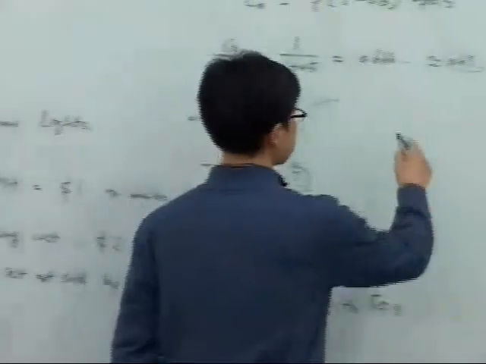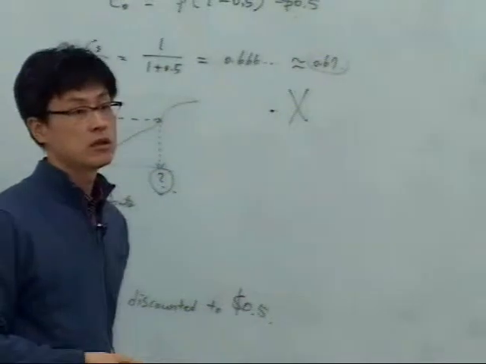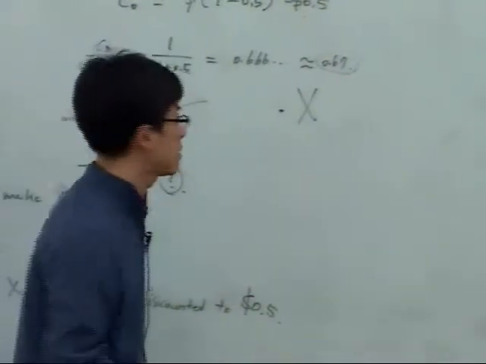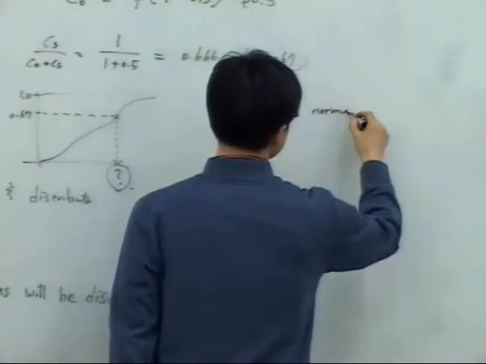Let's assume our unknown random variable, demand, follows a normal distribution.